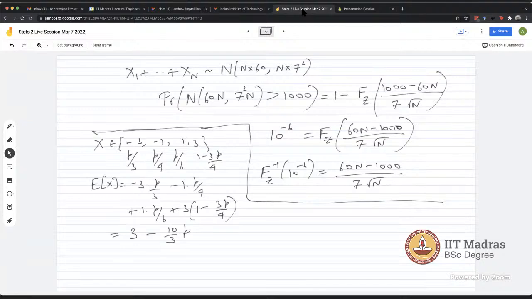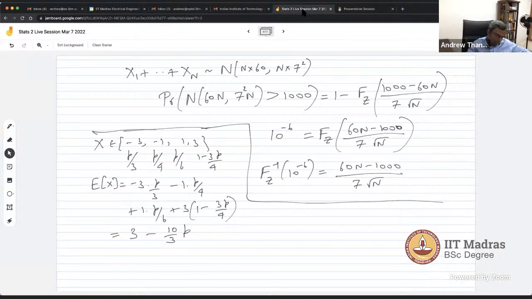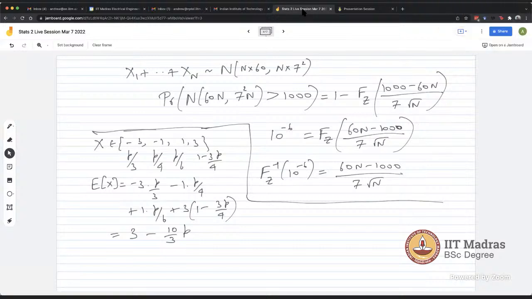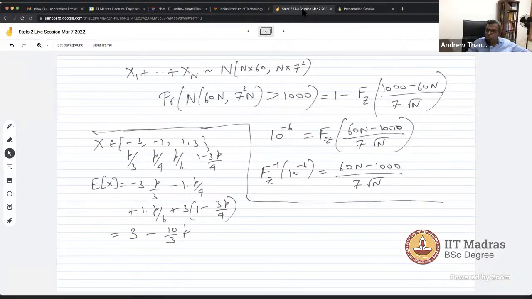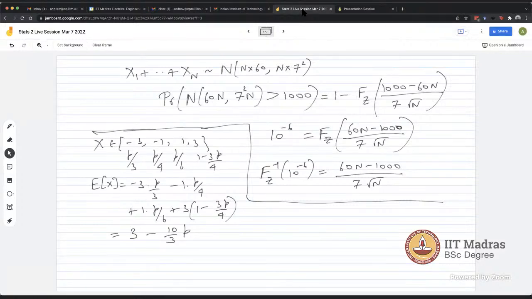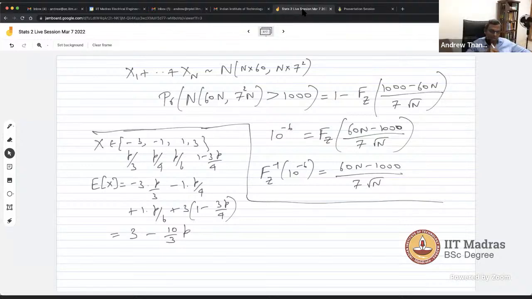Somebody is contesting it as 5p by 6. Okay. 3 minus 10 by 3p is correct, sir. More people are getting 10 by 3p. Check your calculation. 5 by 6 looks wrong. So I think check that carefully. I think 10 by 3p.